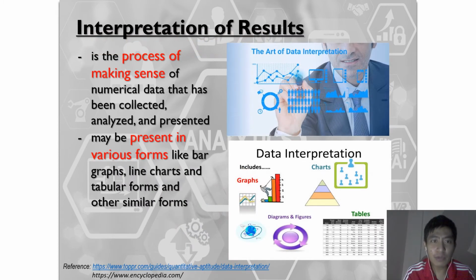After which, interpretation of results is the process of making sense of the numerical data that has been collected, analyzed and presented. It may be presented in various forms like bar graphs, line charts, tabular forms and other familiar forms. So after the statistical analysis and interpretation of narratives, themes, and categorization, you should now analyze it.